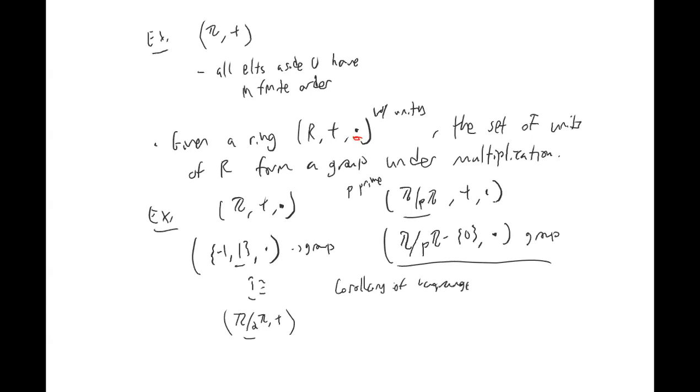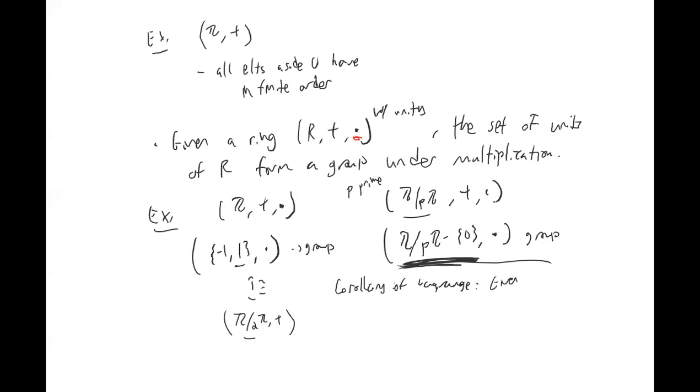If this is a group, what does Lagrange tell me? The order of an element must divide the order of a group, right? What's the order of this thing right here? How many elements does it have? P minus 1, right?